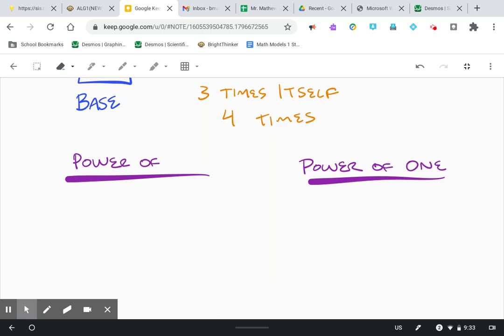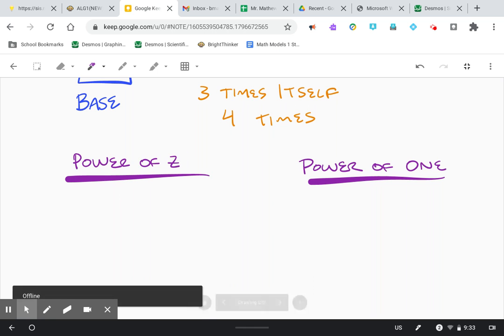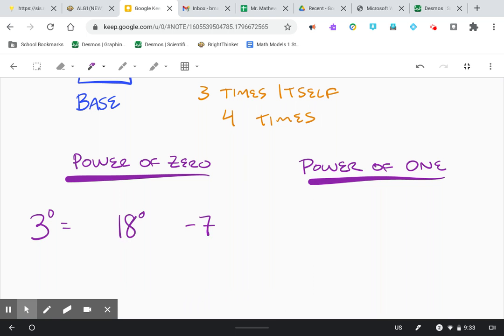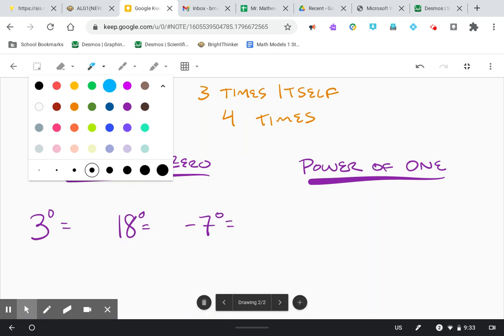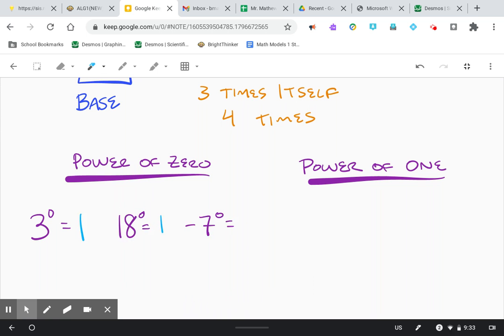Let's talk about those really briefly because they're really straightforward. What you need to know is that any number to the power of 0, even if it's a negative number, is 1.